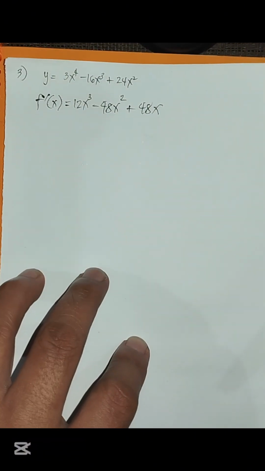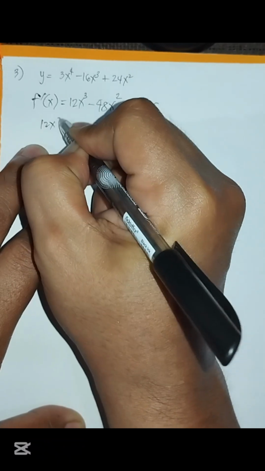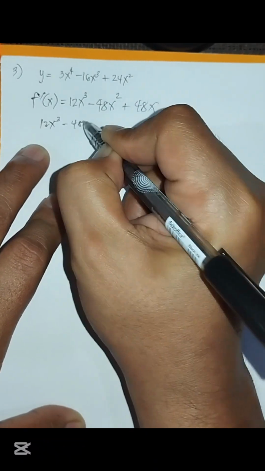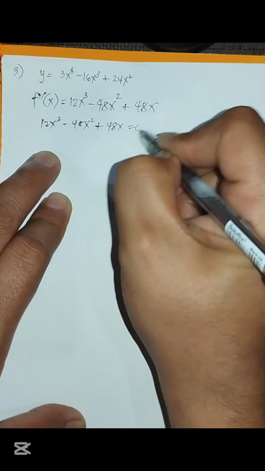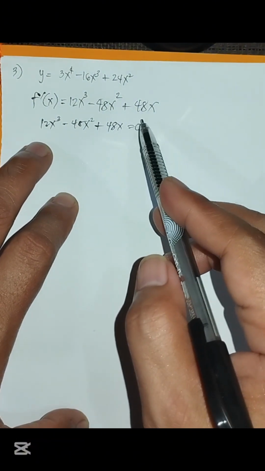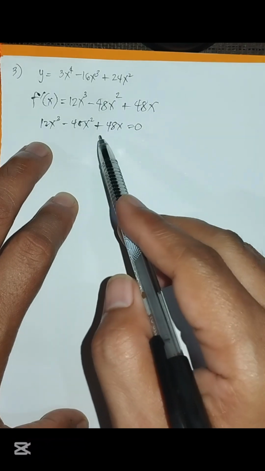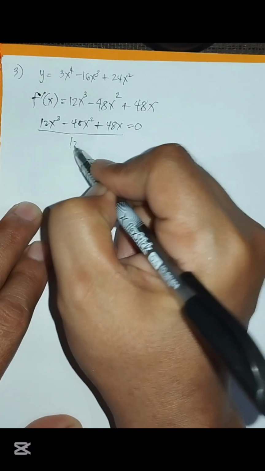So next is equate to 0. We have 12x cubed minus 48x squared plus 48x is equal to 0. So we can divide all the numbers by 12.